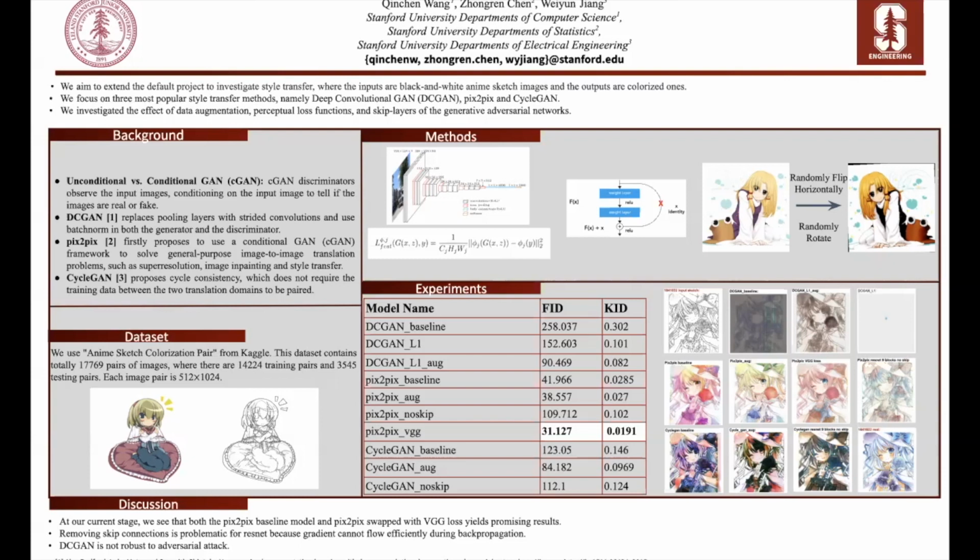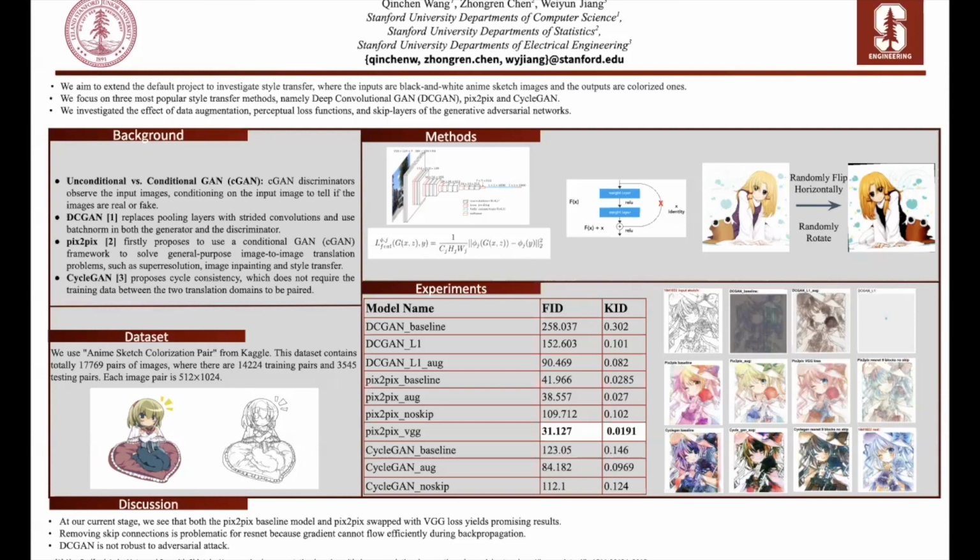With quantitative measurements, we used FID and KID, both metrics with lower scores being better. Our best results actually came from pix2pix with VGG loss replacing the original GAN loss. On the right side are our qualitative results, where the first picture here is our input sketch, and the first row shows all the DCGAN baseline results.